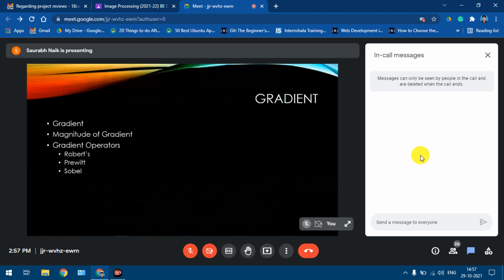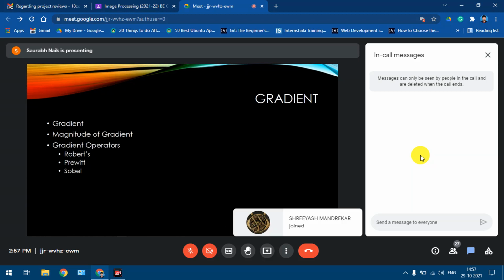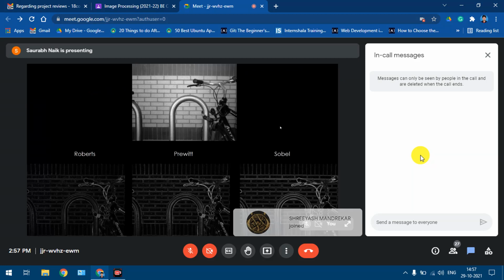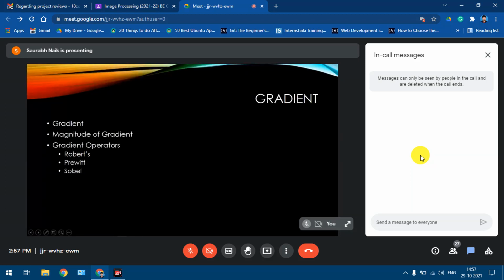So before we go to exactly calculating the sharpening part, we have to know what we mean by gradient. Now, when I say gradient, it is basically the difference between two adjacent pixels in terms of intensity levels, and that gives you the magnitude of the gradient.